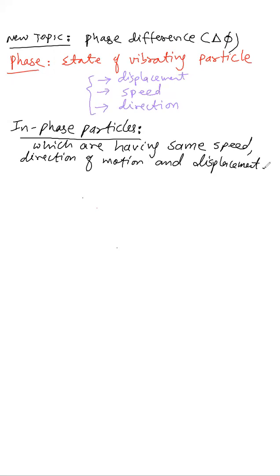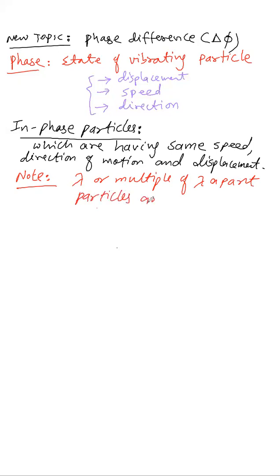So usually the in-phase particles are lambda apart. So particles lambda or a multiple of lambda apart are said to be in phase.